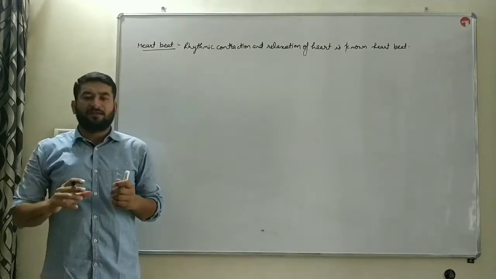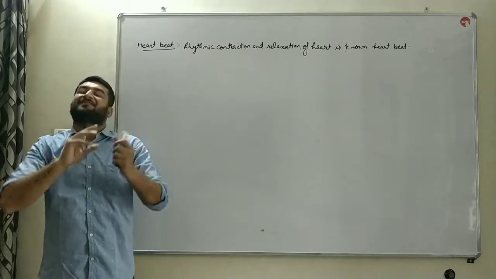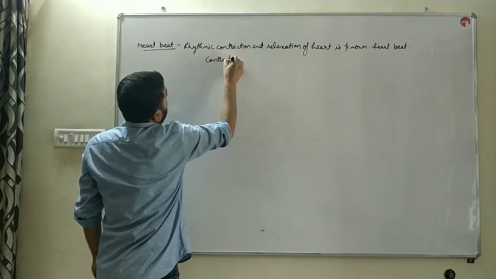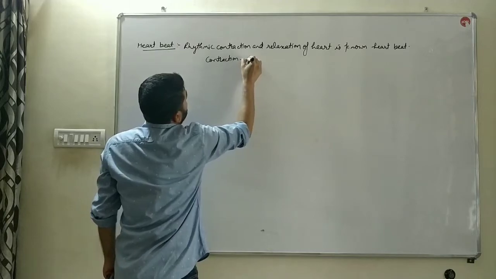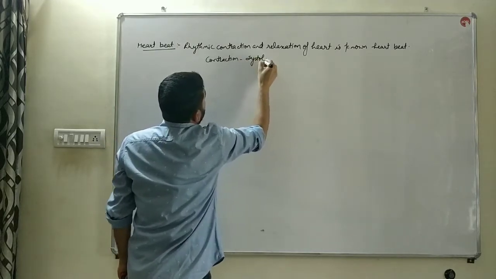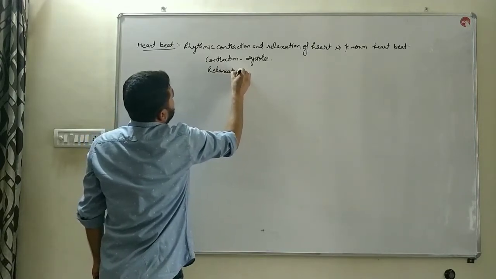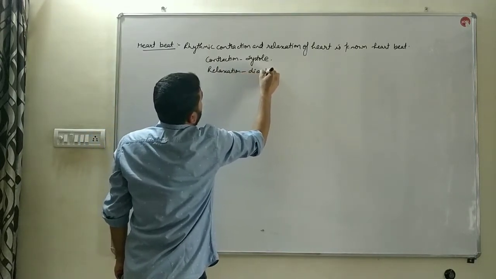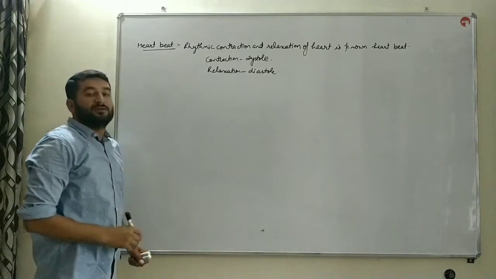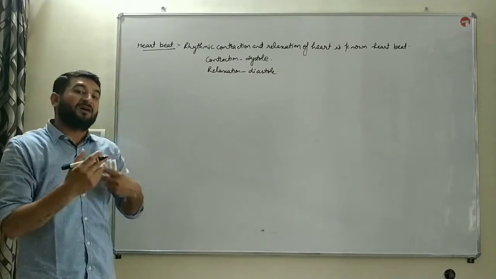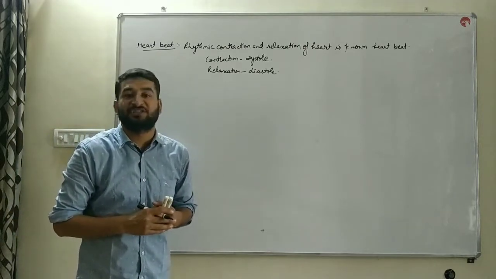We know, bache, the heart rhythmically contracts and relaxes. The contraction of heart is known as systole and the relaxation is known as diastole. So this rhythmic contraction and relaxation is heard in the form of a heartbeat.